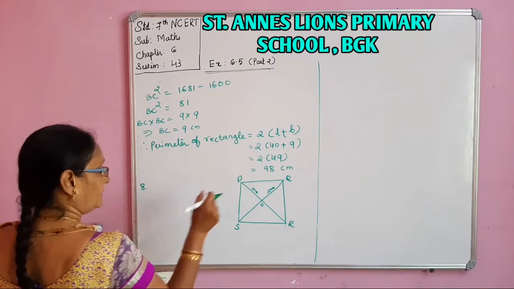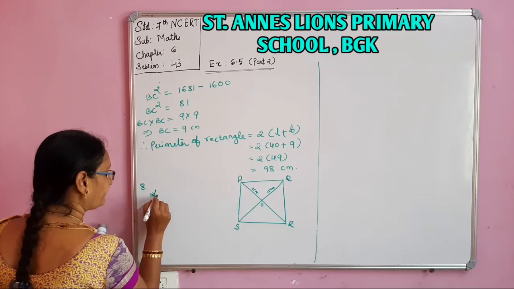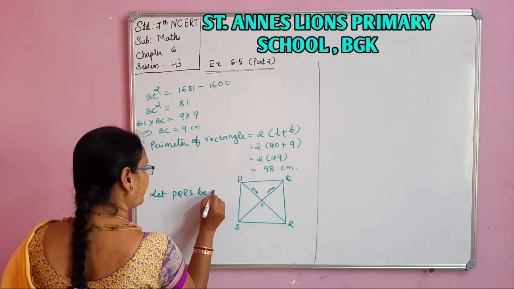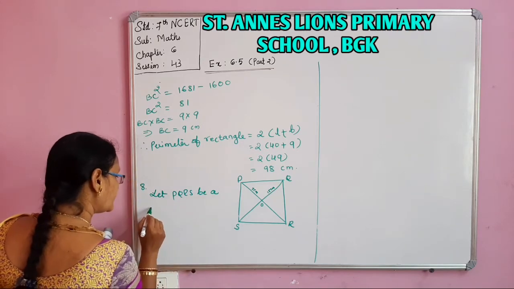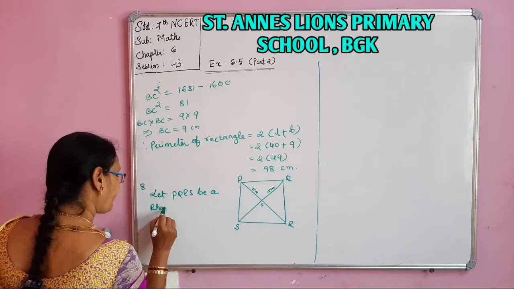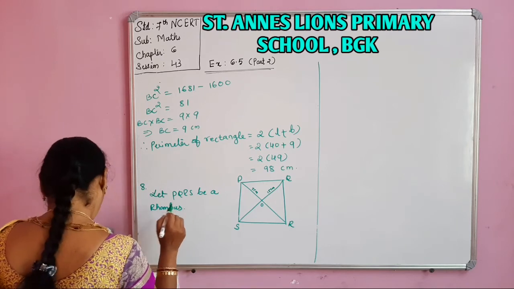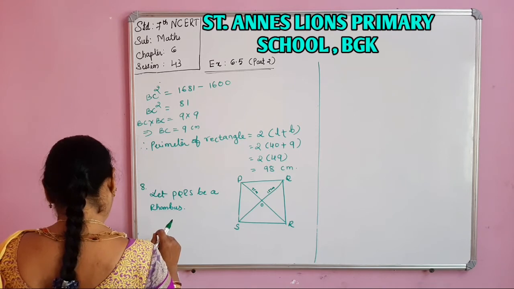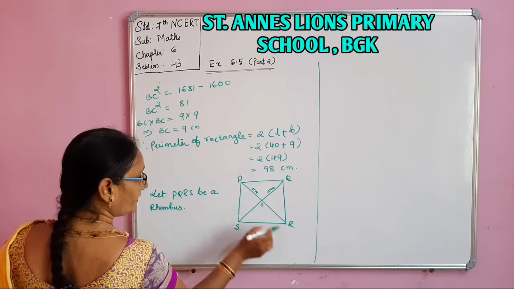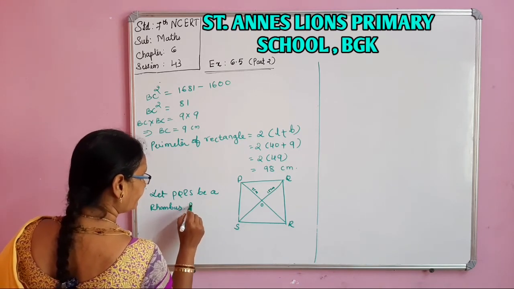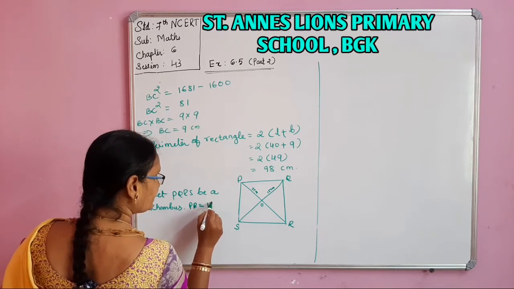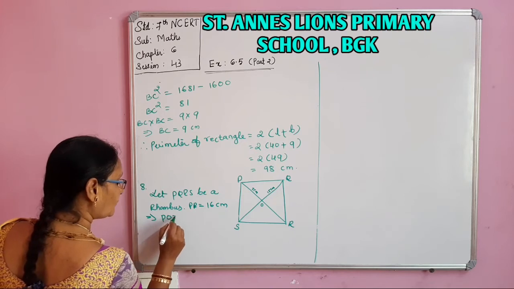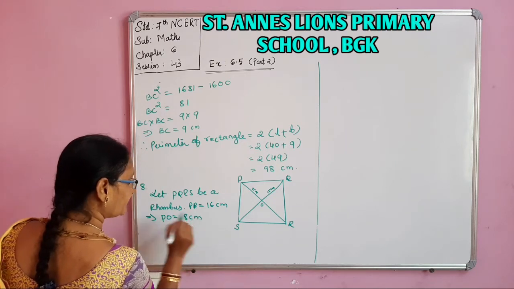Now let PQRS be a rhombus. Then PR is equal to 16 centimeter. This implies that PO is equal to 8 centimeter.